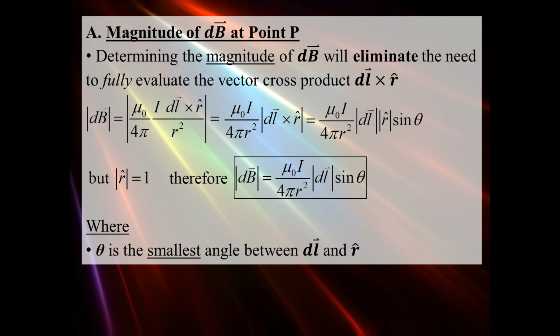And r hat is the direction of the unit vector, which is the same as the position vector that points from our little chunk of the wire to where point P was located. So that's my magnitude.